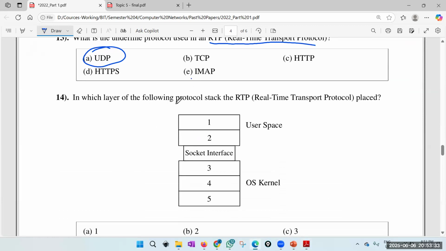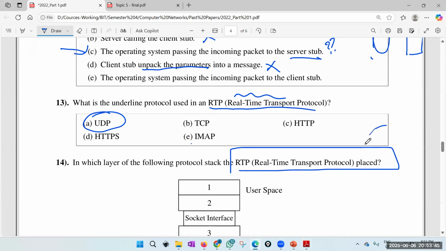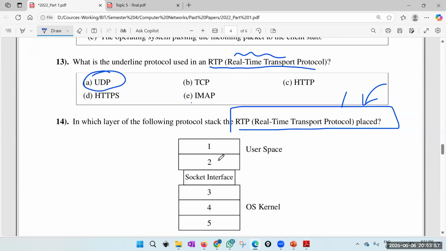In which layer of the following protocol stack does the real-time protocol play? Real-time protocol is also an application layer protocol, because that is streaming. Just like web is HTTP, email is SMTP, IMAP, POP, file transfer is FTP. This is real-time protocol, streaming.